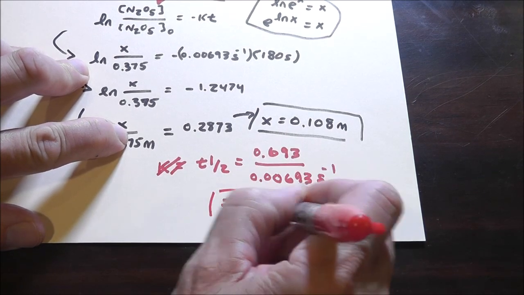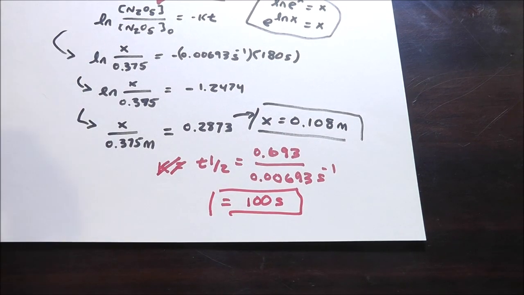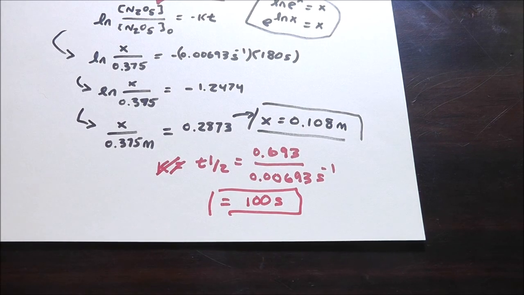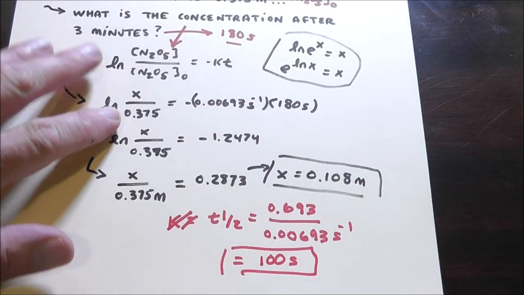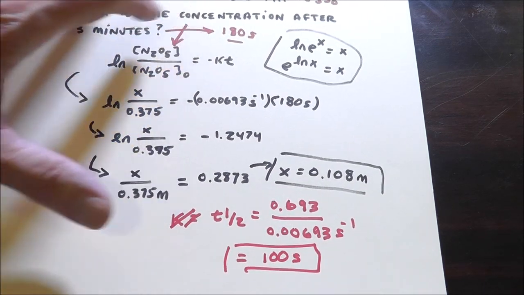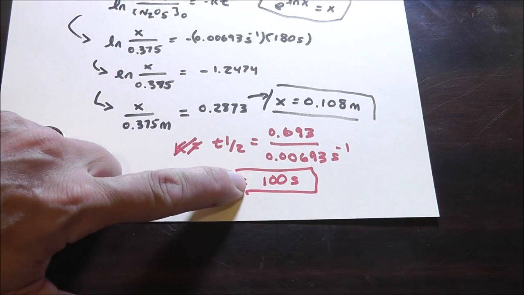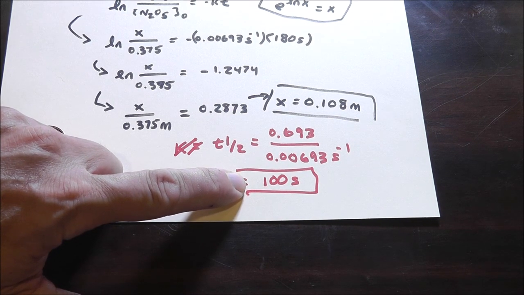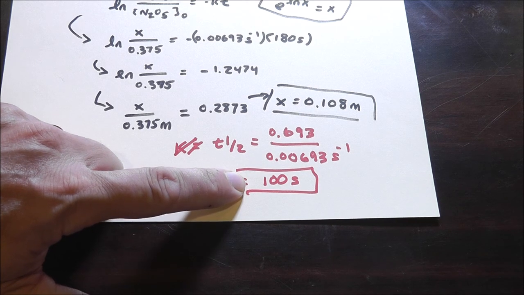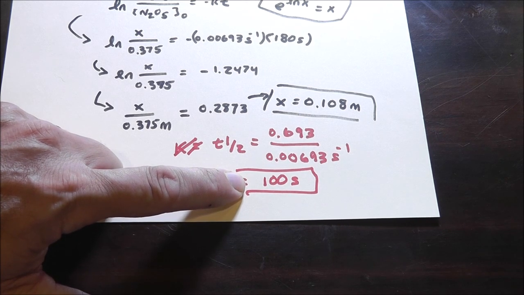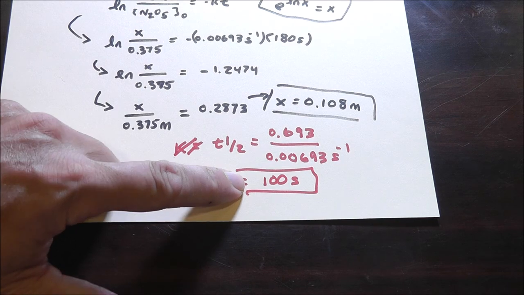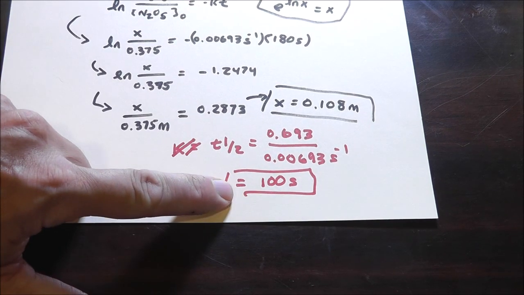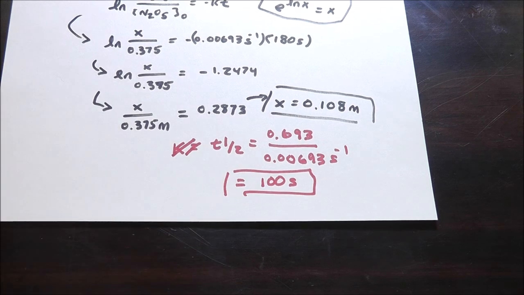Okay, what if I knew this information ahead of time? I could have said, okay, they said it was first order and they gave me a k, and then the question was, what's the concentration after 3 minutes? And I could say, well, 3 minutes is 180 seconds. It's going to be about a quarter or a little bit more, because 180 seconds is a little bit less than 2 half-lives.